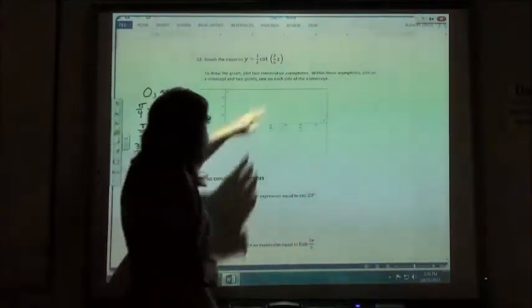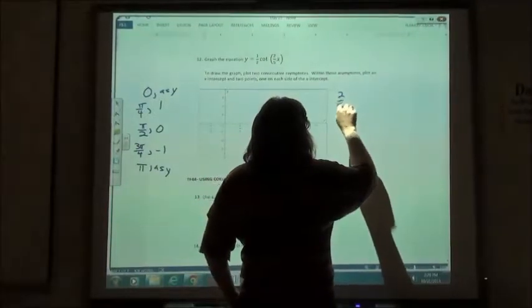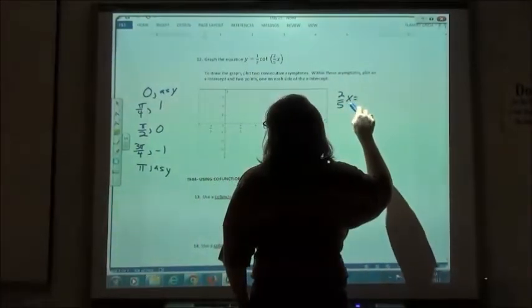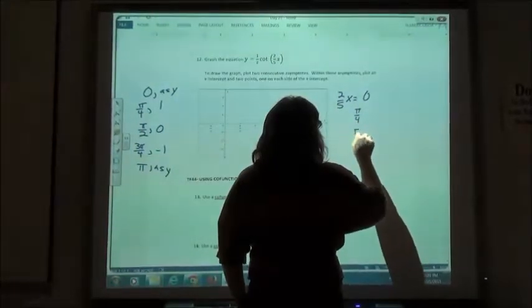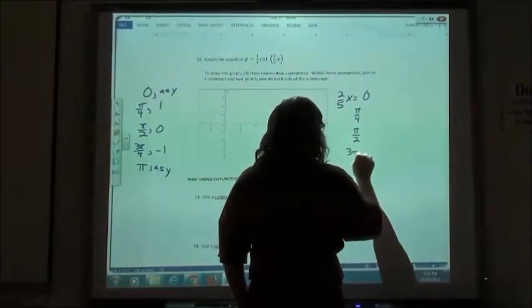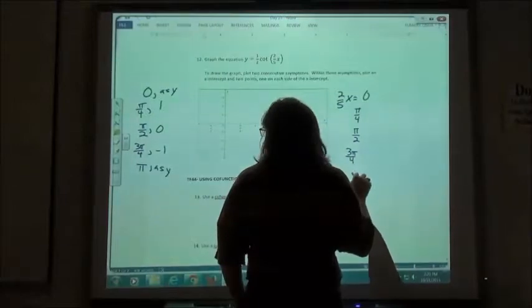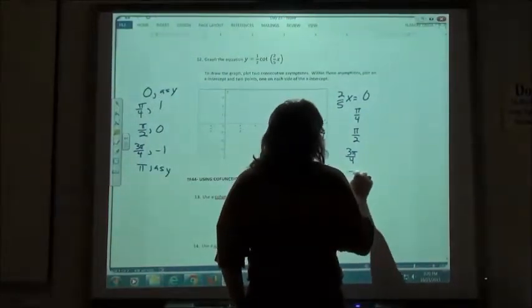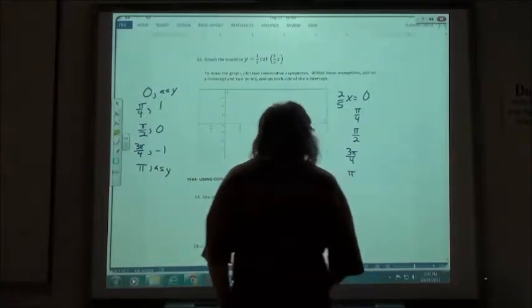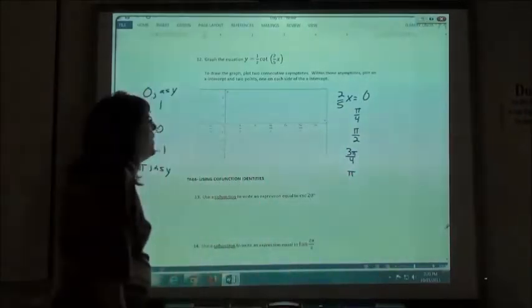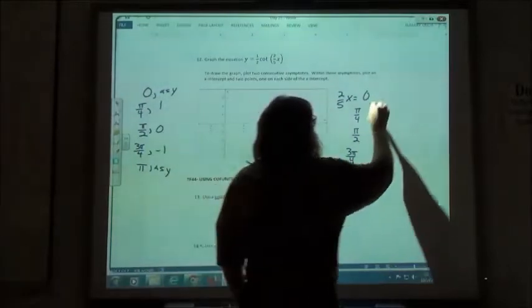So, in my parentheses, I have 2/5 x to equal each of those values. So 0, pi over 4, pi over 2, 3 pi over 4, and pi. I have to solve that for x, so I would divide by 2/5, which is multiplying by 5 over 2.